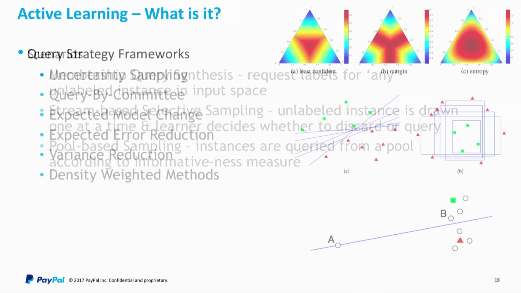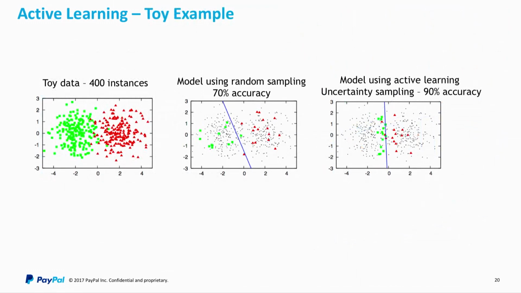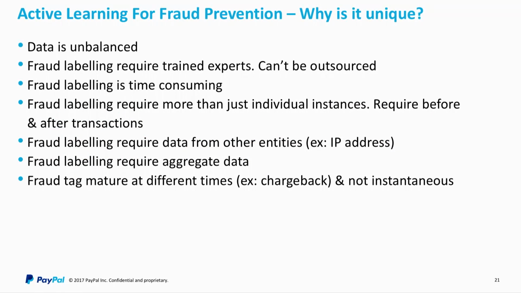So let me skip some of this technique, and the several strategies behind it. But a couple of things I would say that are specific to active learning for fraud: obviously, in fraud the data is very highly unbalanced. So let's say you are doing active learning for image processing. Image processing also needs a labeled data set, whether it's a dog or a cat in the picture.